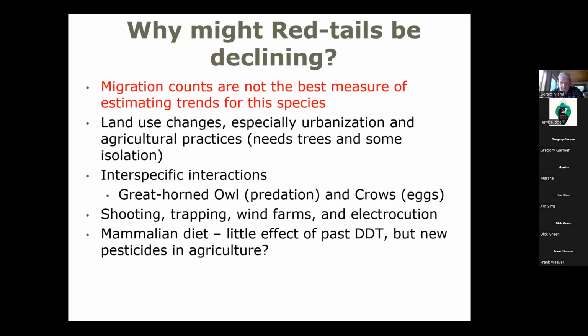They're very poor at catching birds, not fast enough. And also some pesticides in agriculture may be having an effect. And we also believe for that species, because of its wide distribution across the United States and Canada relative to other species, it should have minimal climate change impact.